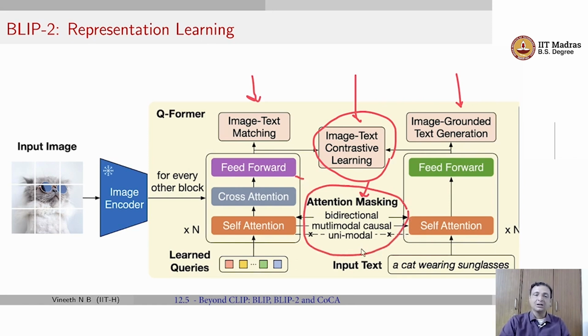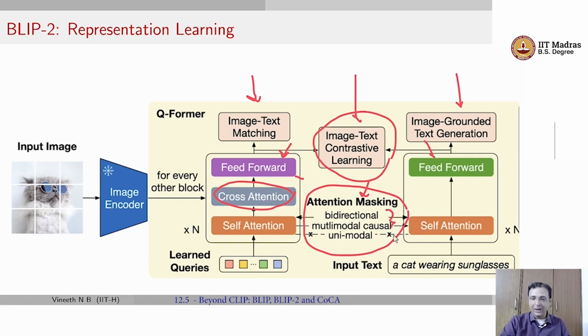By looking at the colors you can make out that the feed-forward layers in this transformer and this transformer are different. Their weights are different, they perform different tasks. The cross-attention, as evident, is only in this transformer. The self-attention weights, however, looking at the color, are shared between the two transformers. But they are shared in a slightly unique way.